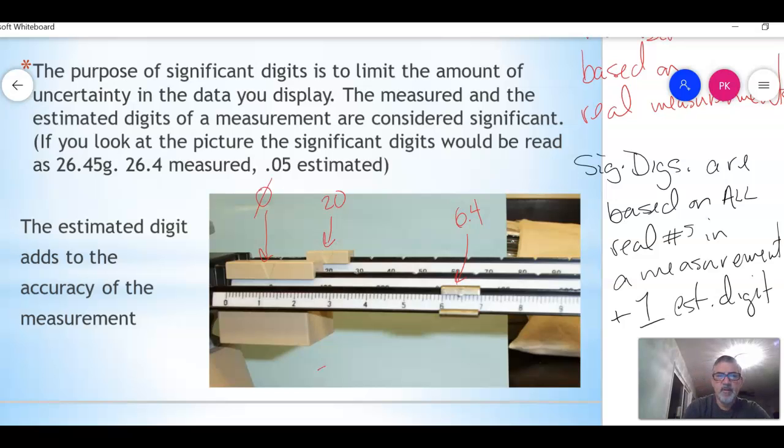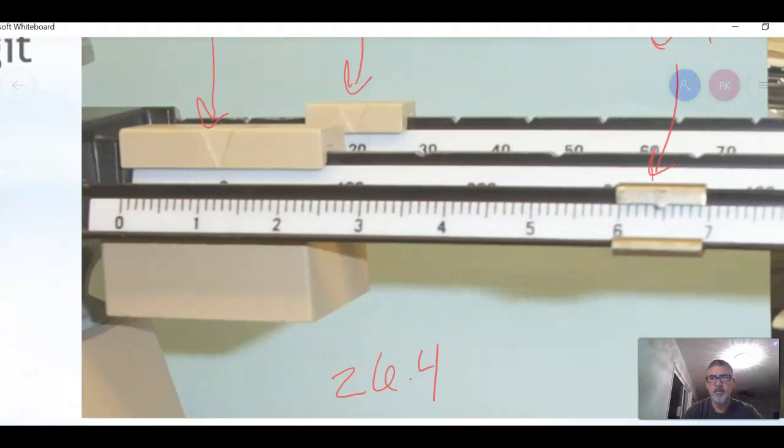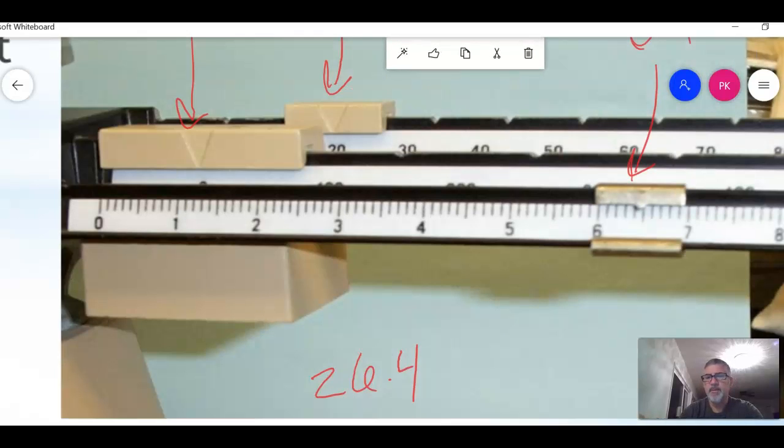So right now I have 26.4. But if you look at the end here, it's not really on the 0.4, but the real number it's passed is 26.4, but then we have to estimate.